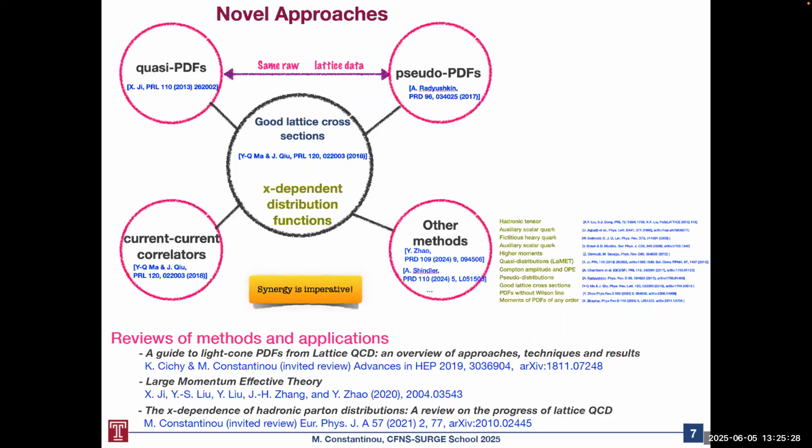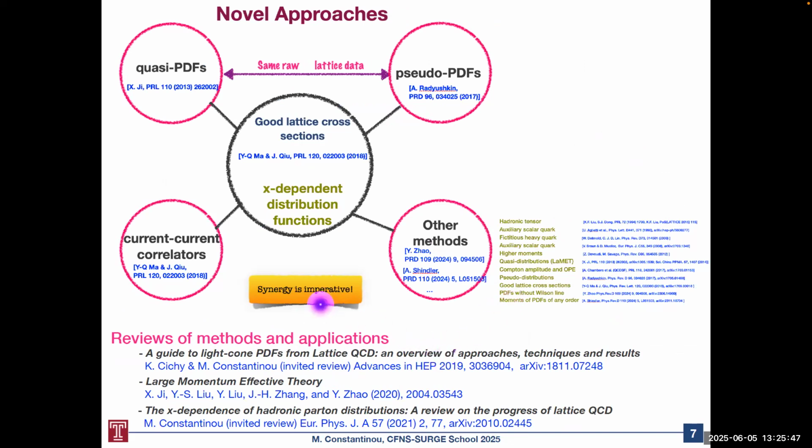There are other methods. I'm not going to go into them, I have them summarized here. We wrote with a collaborator the first review. I think, Alexei, you were the editor of this journal. It was a volume that you and Daniel, I think, were writing.